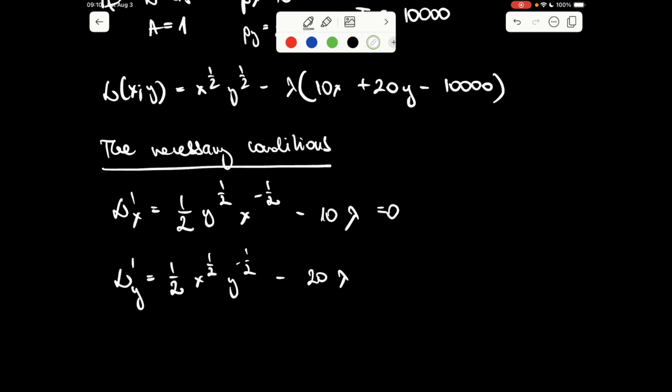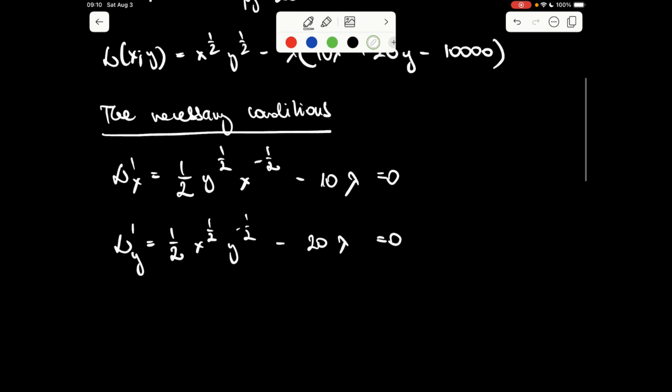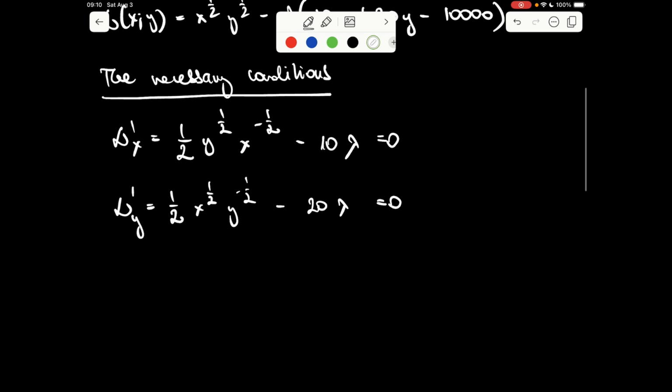Okay, so this is what we do. We differentiate the Lagrangian with respect to X and Y, and we equate the equations with 0.